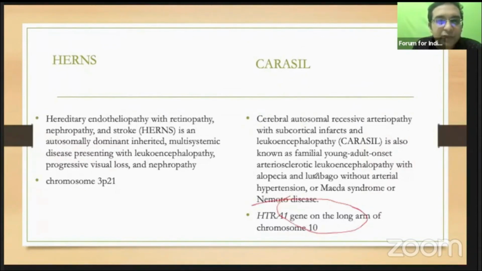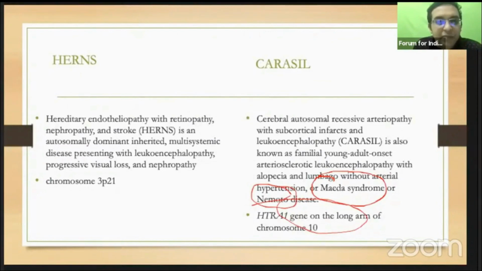And I would like to bring to your notice that in CARASIL the patient will be having alopecia, some kind of spasticity, as well as lumbar disc disease. This was described by Japanese doctors, Maeda and Nemoto, and hence this could be asked as an eponym, that is, CARASIL is otherwise called Maeda syndrome or Nemoto disease.